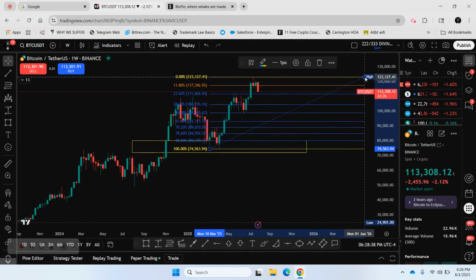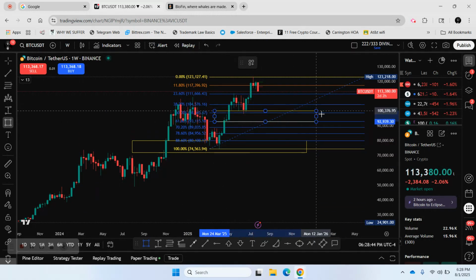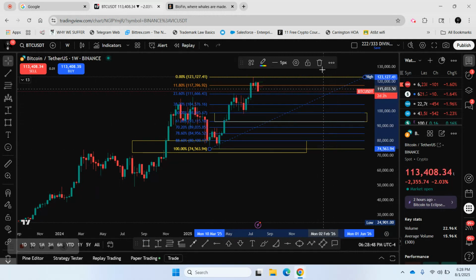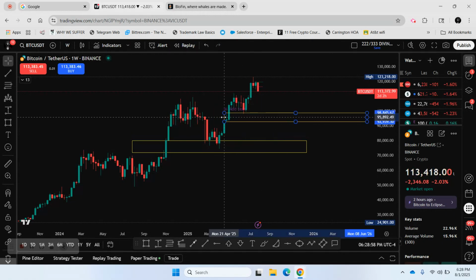So even though I'm saying 61% or whatnot, you have to look at this whole entire thing as a zone where price can come into. That doesn't mean it just has to touch the edge right here. We can come deeper in and pierce it, but this is the zone that we really want to look at.